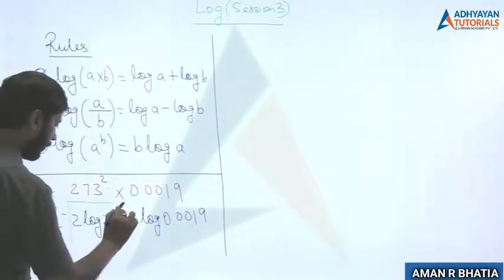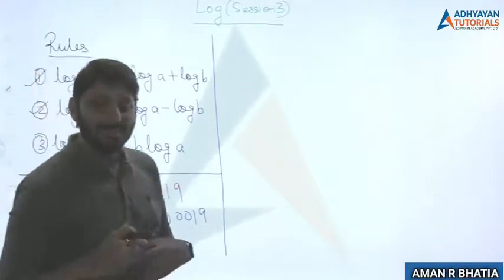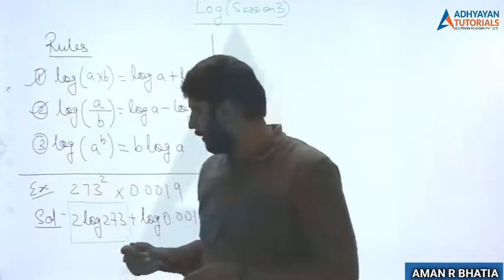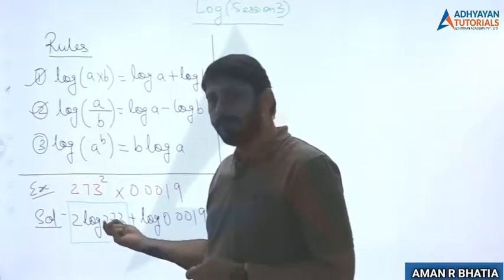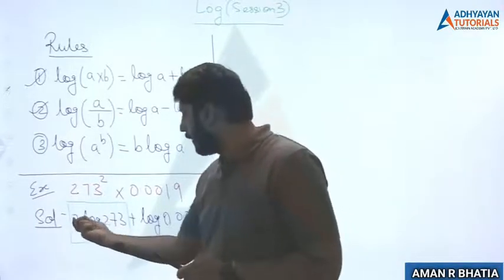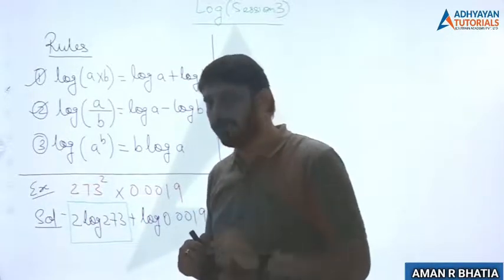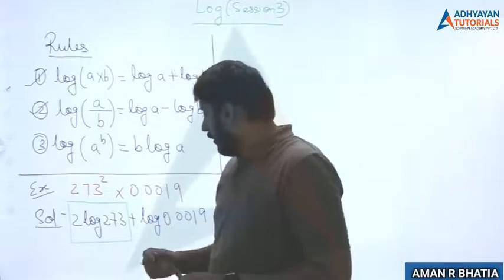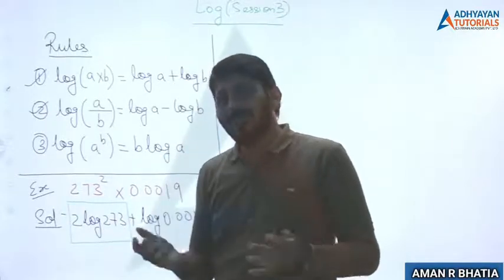Now, if I have to solve this part, there can be more than one approach which we can use in this section. The two methods of approach would be, number 1, I can find out the log value of 273, and whatever is the log value of 273, I multiply it with the power, which is 2 here in this case. Another thing would have been, I take the log value of 273 and write it 2 times and add it.